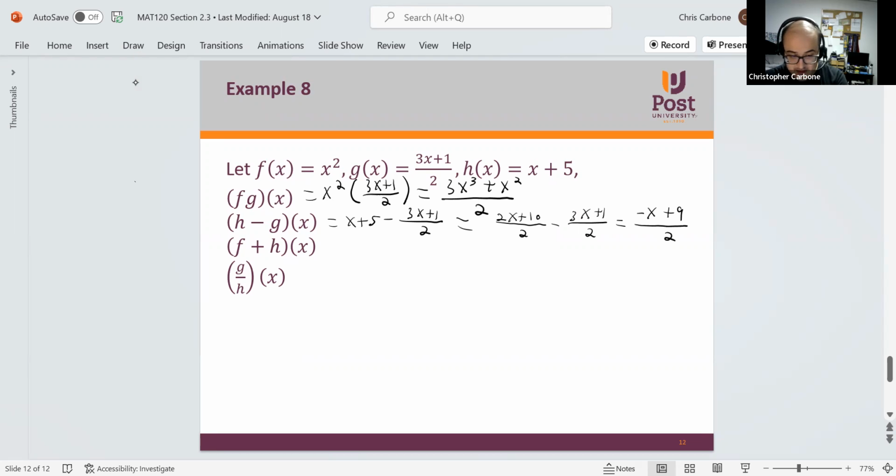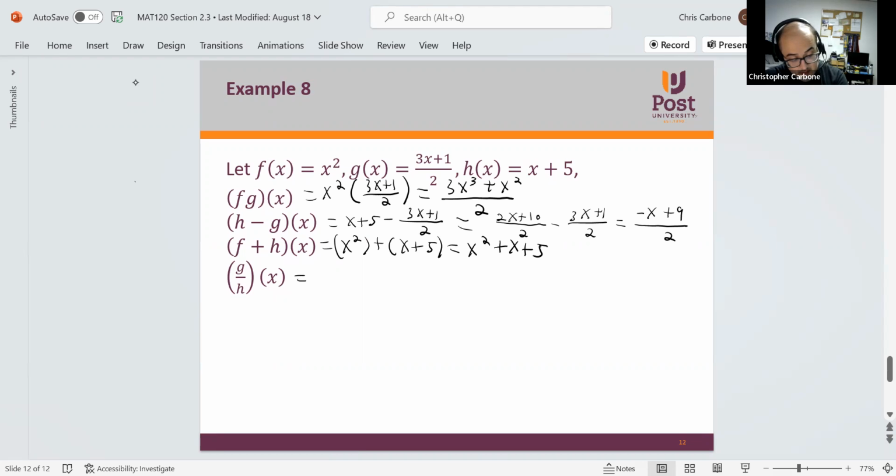F plus h of x, this would just simply be x squared plus x plus 5. So just drop in those parentheses, we would have x squared plus x plus 5.